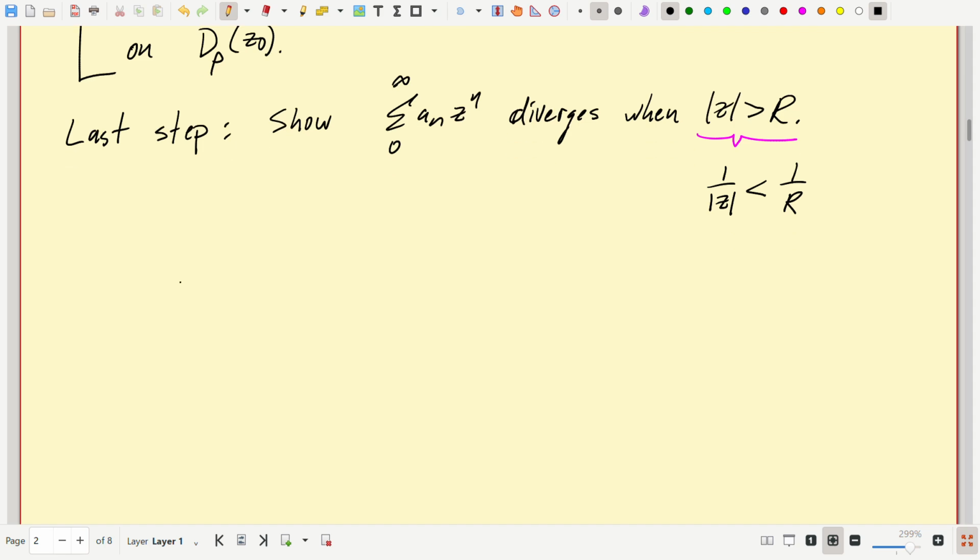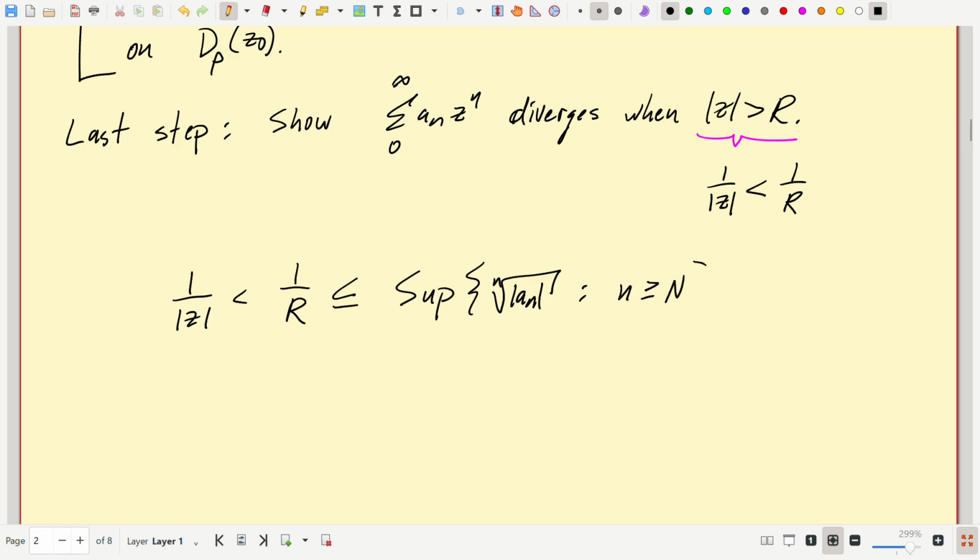Okay, so we have 1 over mod z is less than 1 over r. And remember, those sups are sliding down to 1 over r. So 1 over r is less than or equal to that sup of the nth root of a_n, such that n is bigger than or equal to capital N.